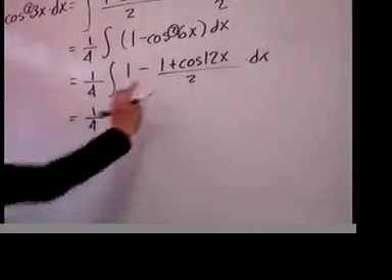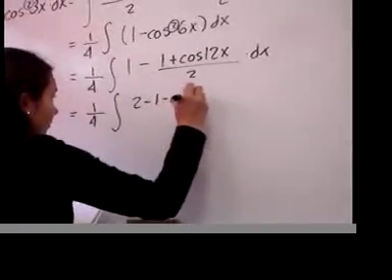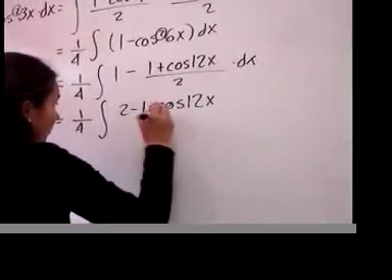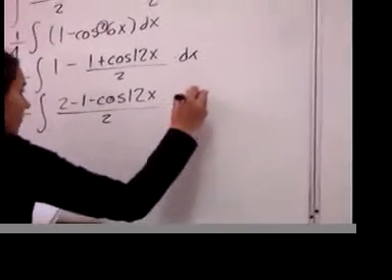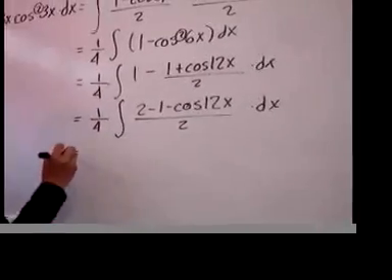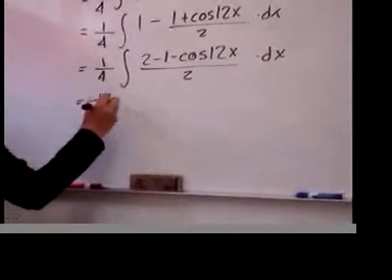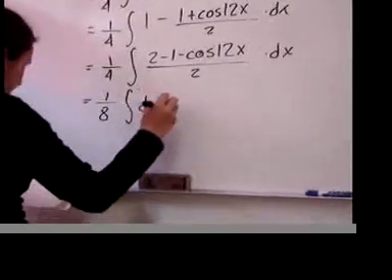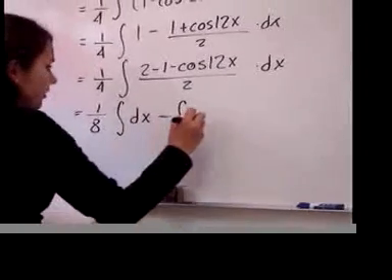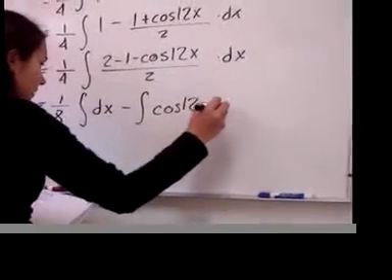We make the product and we write the constant out of the integral sign, and we have dx minus cosine of 12x times dx.